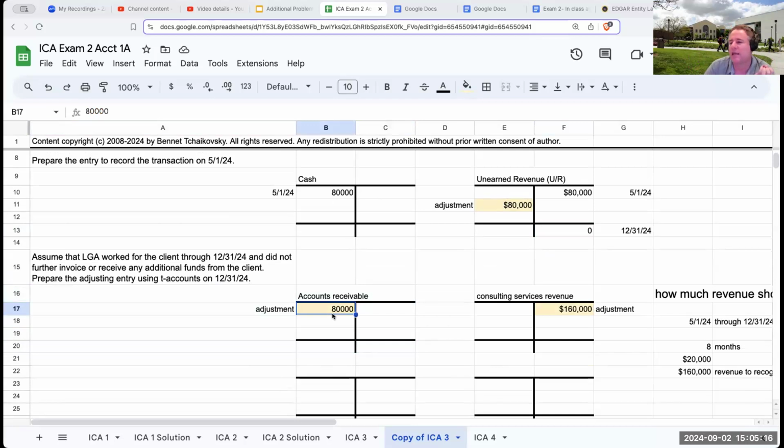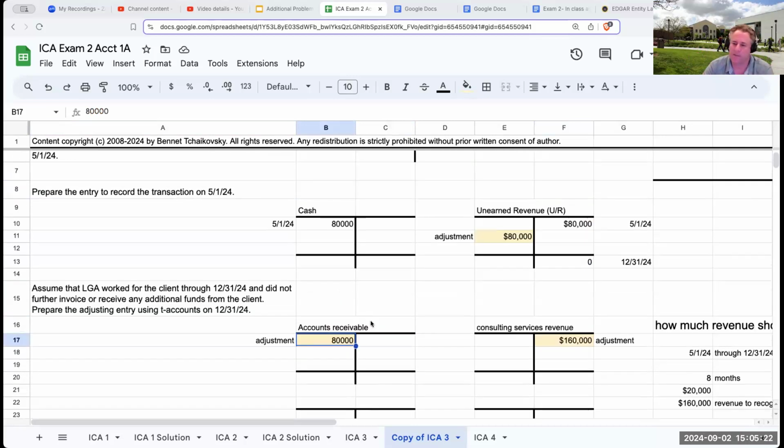They owe me $80,000. Okay. So these revenue questions can get tricky. What I would really kind of advise you to do as you're going through them is to start with the amount of revenue to make sure that that's correct, and then look at the ancillary accounts, which are really going to be unearned revenue and accounts receivable.